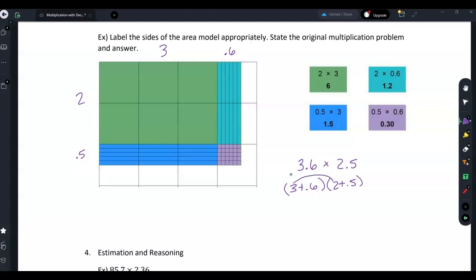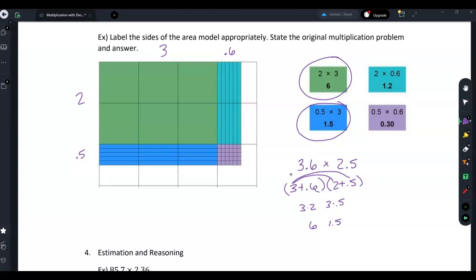3 times 2 is the green box, right? Is going to give us 6. And then the outer terms, 3 times 5/10. So that would be the dark blue box. And that's 1 5/10.